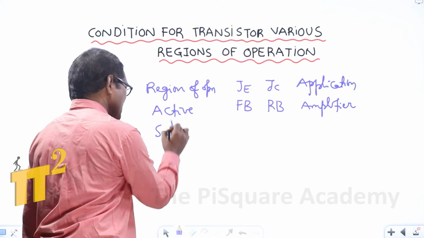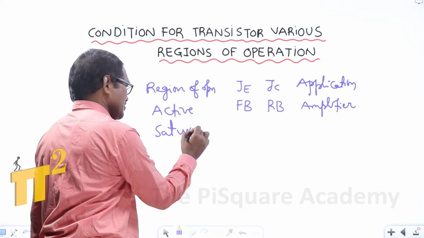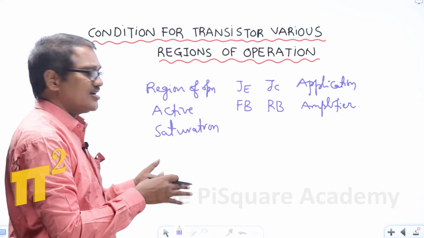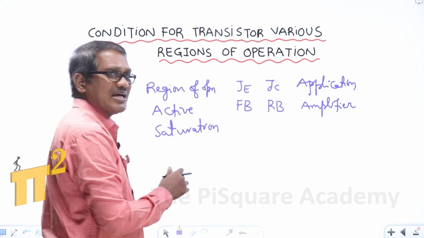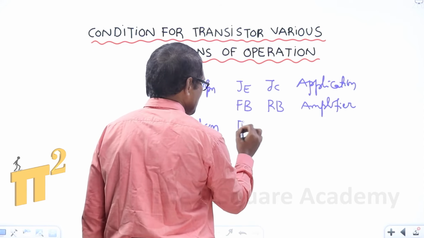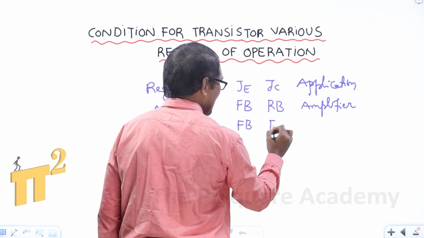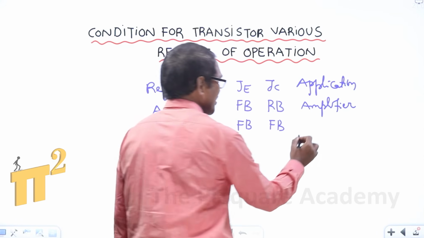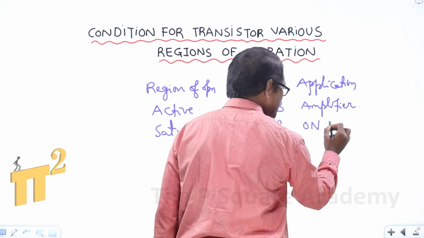Next is the saturation region. To use the transistor in saturation, both the emitter junction and the collector junction must be forward biased, and the transistor can be used as an on switch.